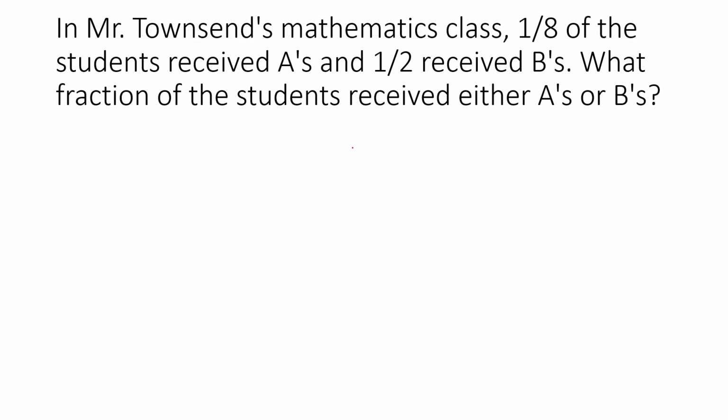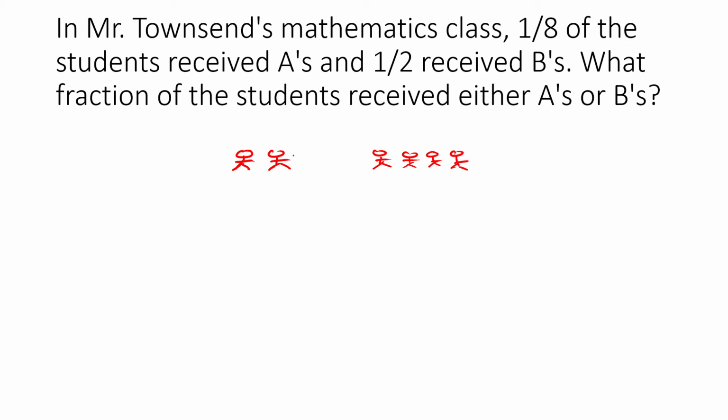So, first of all, what is the operation we need to do? If you still don't know what operation, think of this. Suppose there are 2 students that receive A in Mr. Townsend's class, and then 4 students receive B's.